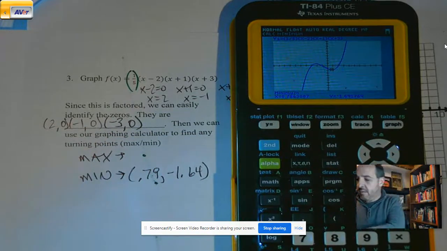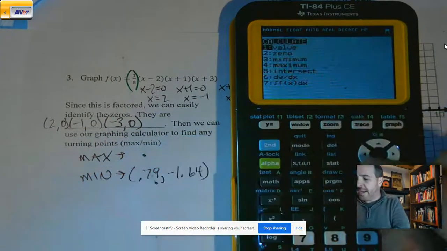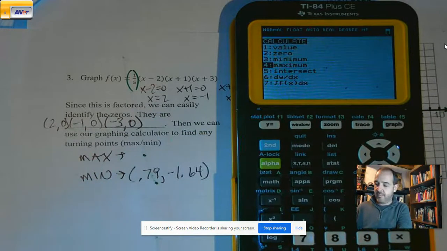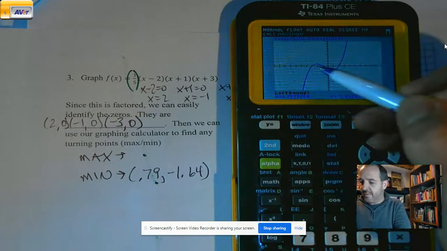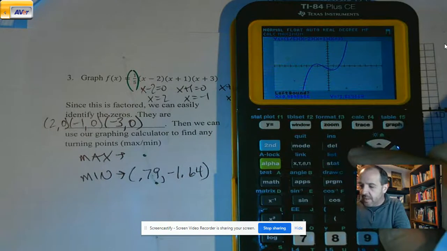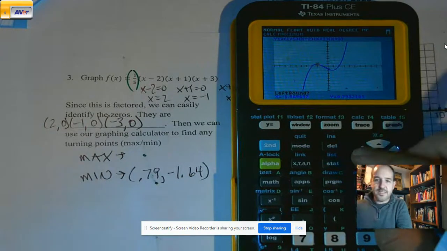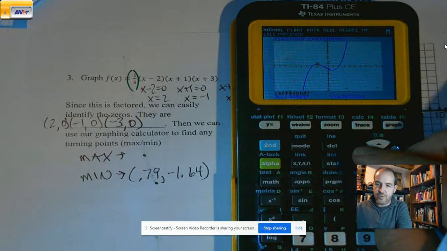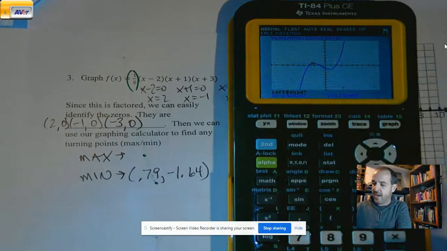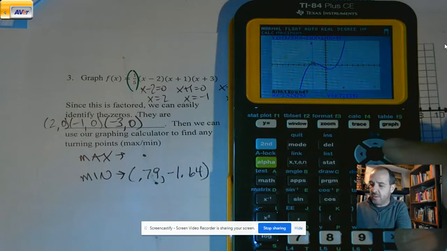One last one. Second trace. This time I want a max. So we want this value. Because again, I see the hill. Mins are valleys, maxes are hills. So I get up to the top of the hill. You know the deal at this point. Left. 1, 2, 3. Enter. Right. 1, 2, 3.